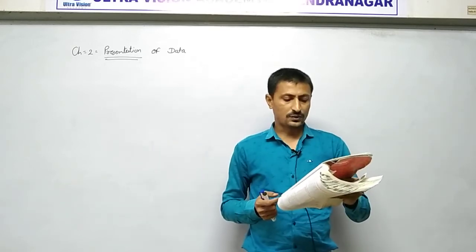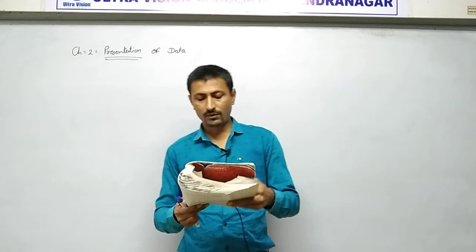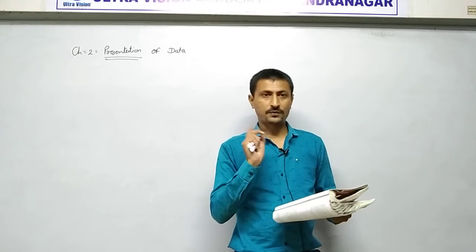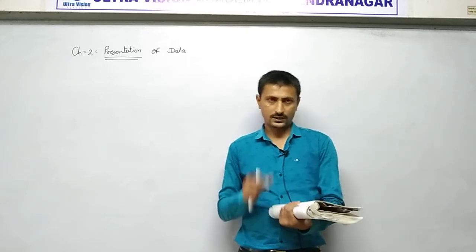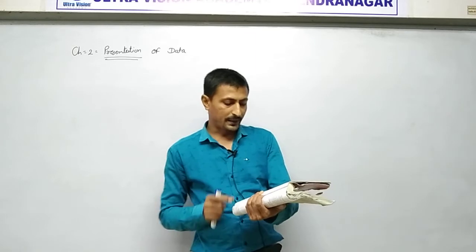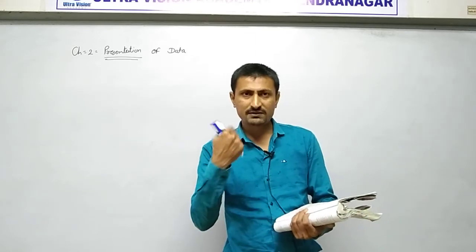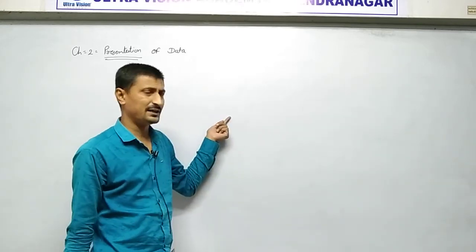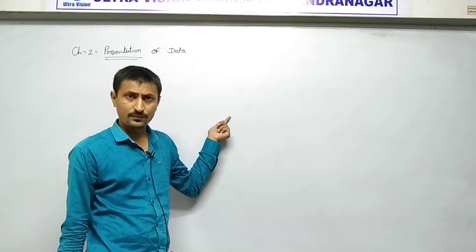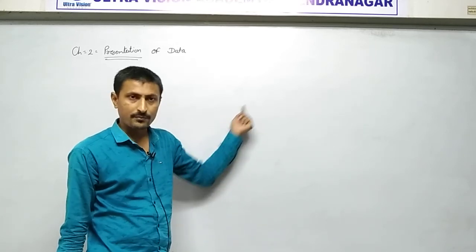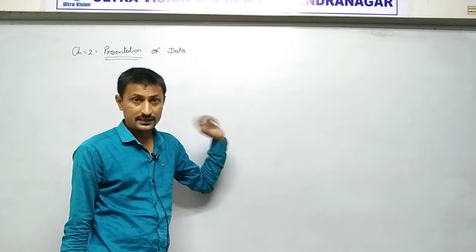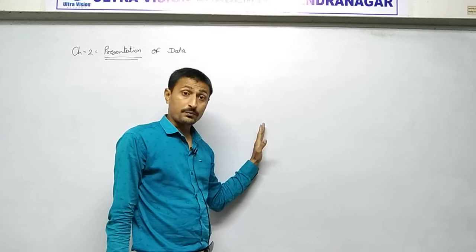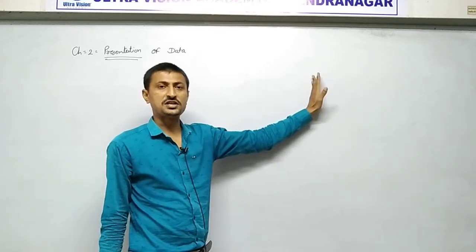A numerical value showing the repetition of the value of an observation is called the frequency of that observation. Suppose the demand of a commodity is 8 units for 3 days, so 3 is the frequency. 10 units for 1 day, 12 units for 2 days, 16 units for 1 day.